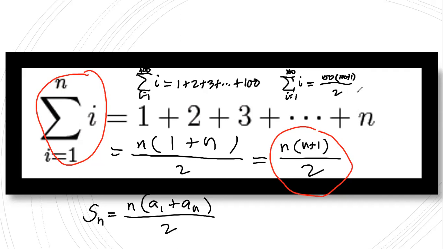After that, this is just 50, and this is just 101. So you have 50 times 101. 50 times 100 will give you 5000, then 50 times 1 is 50. So you have 5050.